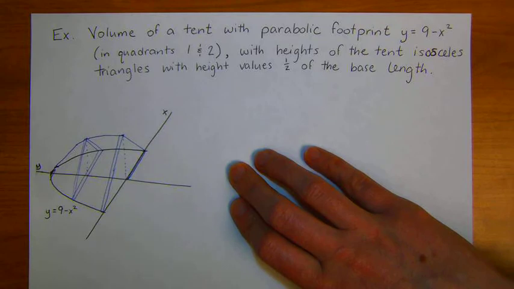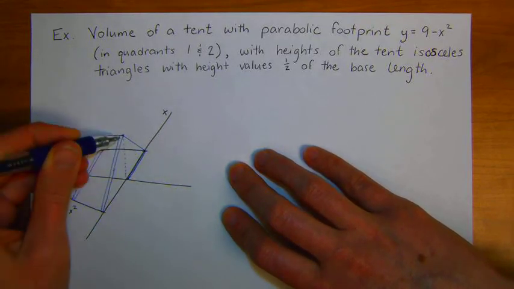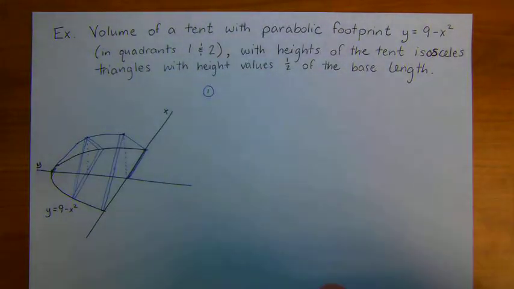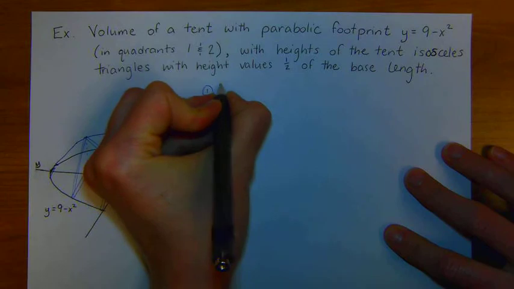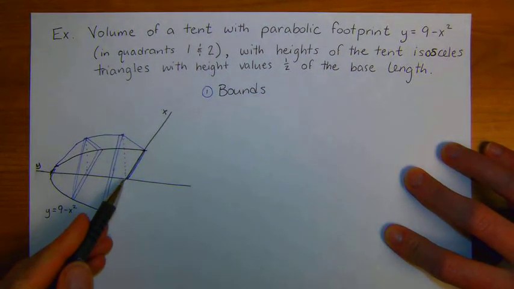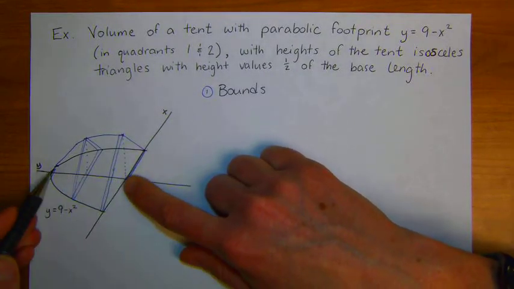Let's look at our slices of bread. Our slices of bread are each going to be these triangle-shaped figures, and my first question is, what are the bounds? That's asking how many slices of bread I have. Where do my slices of bread start, and where do they stop?